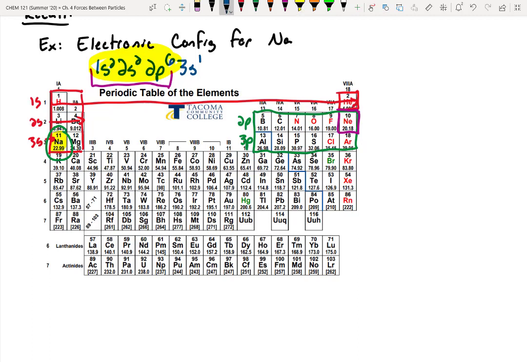So another way of writing this is to just say, all right, this is the same as neon that I've got highlighted in yellow. So I'm just going to abbreviate it as Ne. Okay, and then the leftover orbitals would be 3s1, with 1 electron. So this is called the abbreviated electronic configuration.